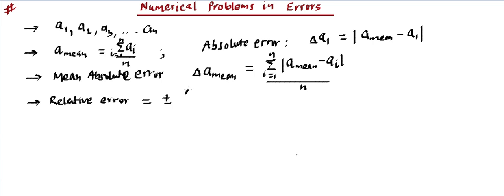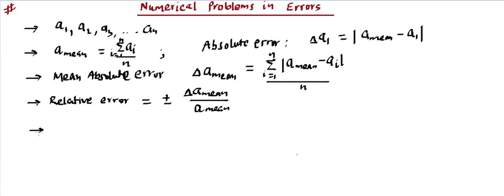So I can write it as delta A mean divided by A, with A on the denominator. So delta A indicates the mean absolute error, whereas A indicates the mean value, or you can call it A mean. So that's called relative error.